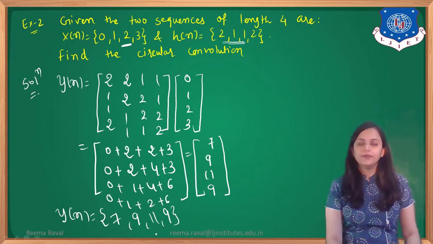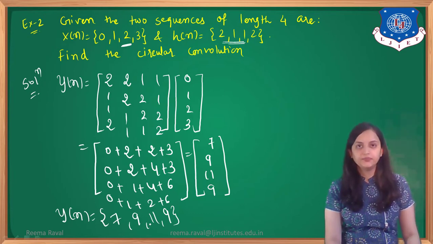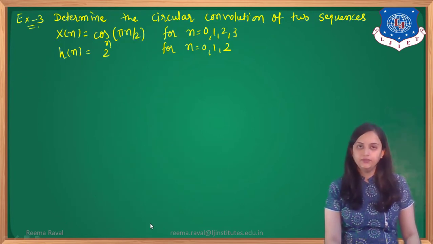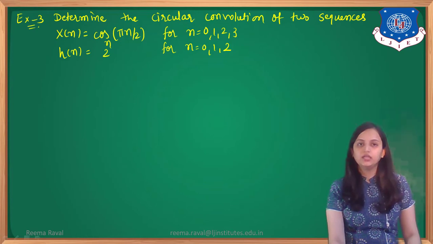Okay. Let's see one variant of this kind of circular convolution, matrix method. In this example, it is given to determine the circular convolution of two sequences where x of n is cos pi n by 2 for the values n equals 0, 1, 2, 3 and h of n equals 2 raised to n for the values n equals 0, 1, 2.